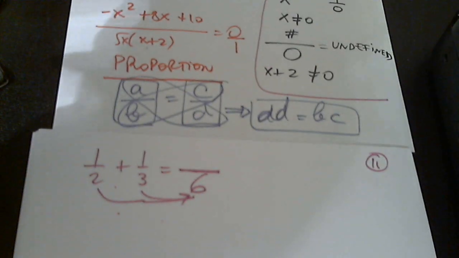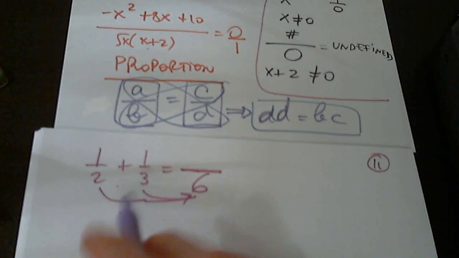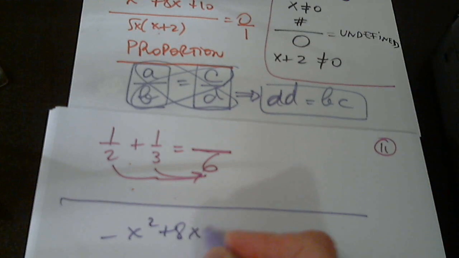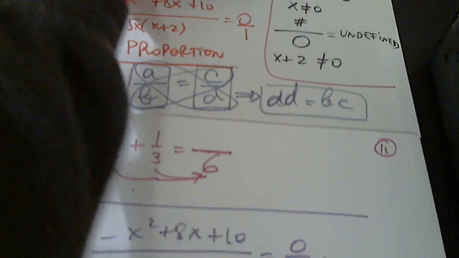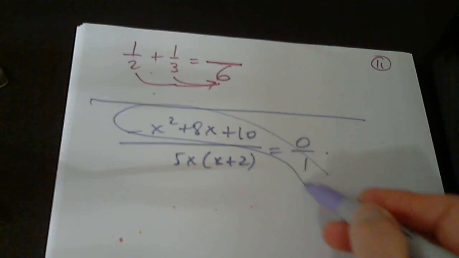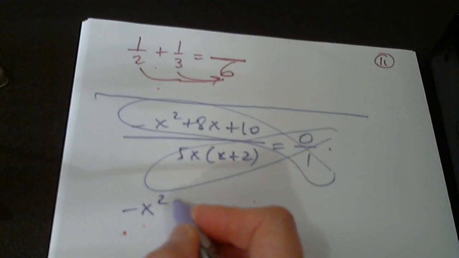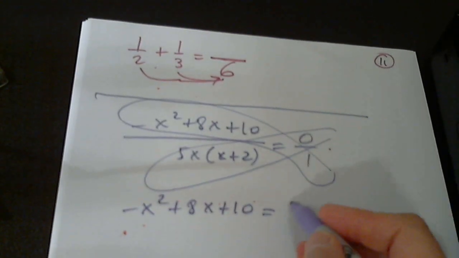So bear with me, it's almost done. So I'm going to copy it here so it's clear. So negative x squared plus 8x plus 10 divided by 5x plus 2 equals 0 over 1. It's a proportion. So now I'm going to cross multiply. This times this, negative x squared plus 8x plus 10 equals this times this, which is 0.